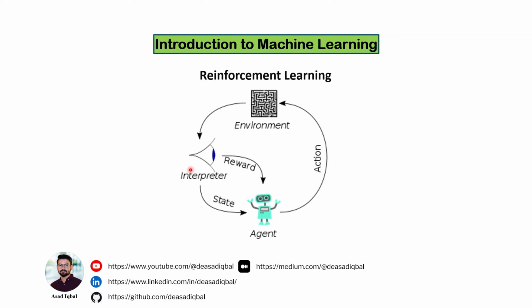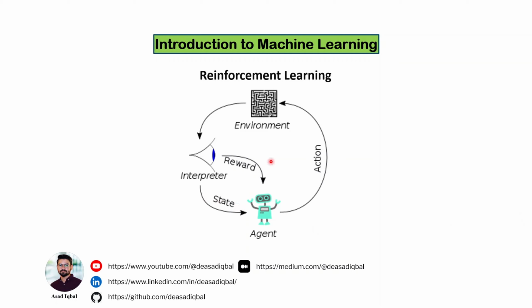After performing the action, the AI agent will get rewarded by the interpreter for each good action and get punished by the interpreter for each bad action. Based on this feedback and this experience of getting rewards and punishments, it will change its state by itself.